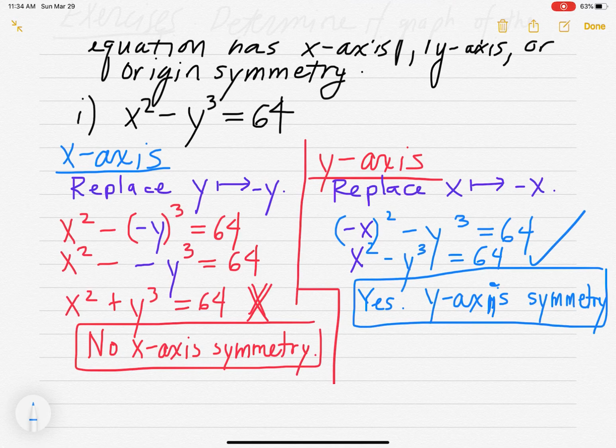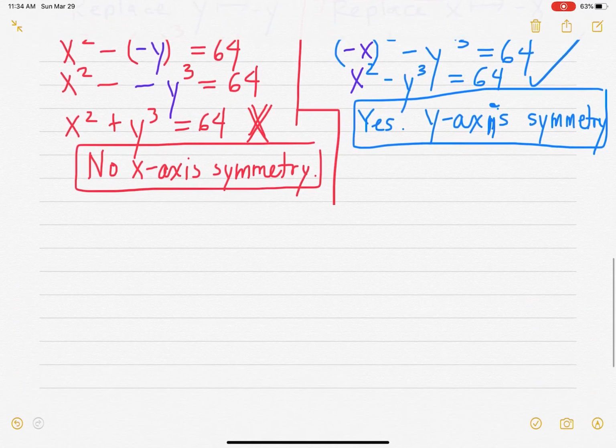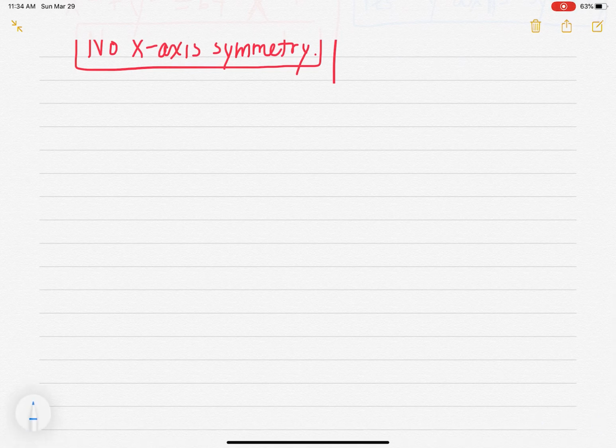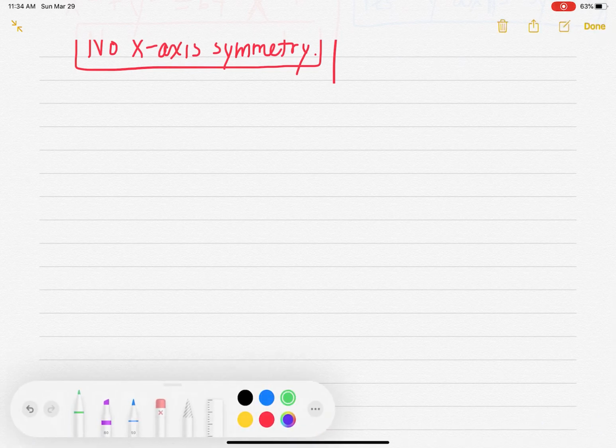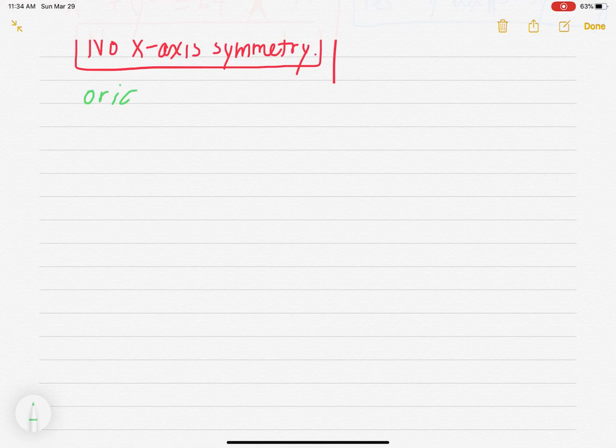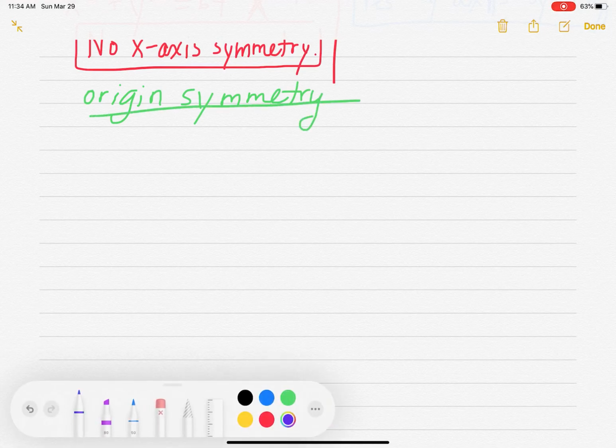All right, so now we just have to look for origin symmetry. Guess we'll do this one in green. With this type, remember we replace both the x and the y with negative x and negative y respectively.